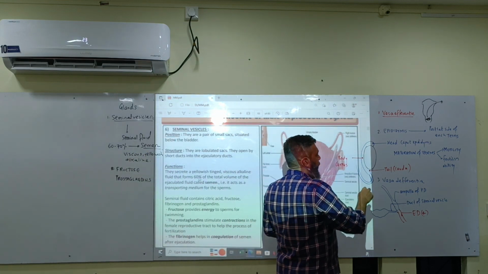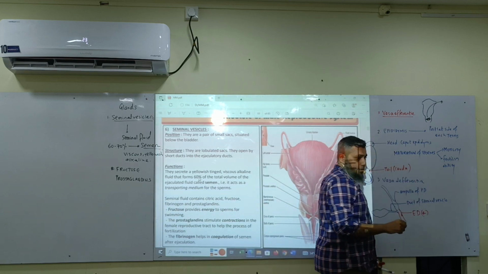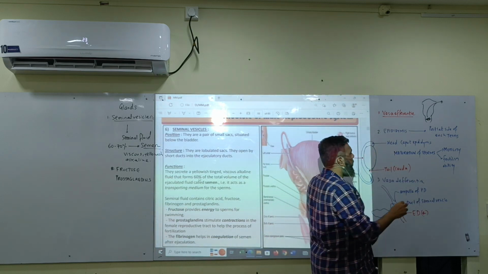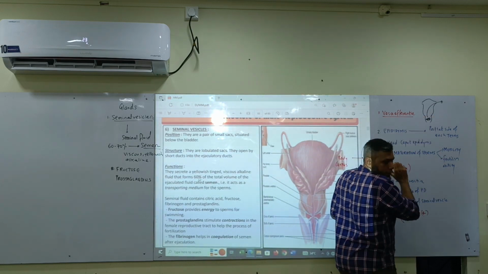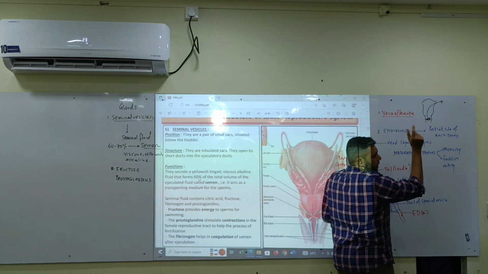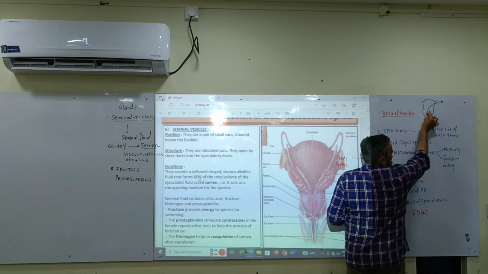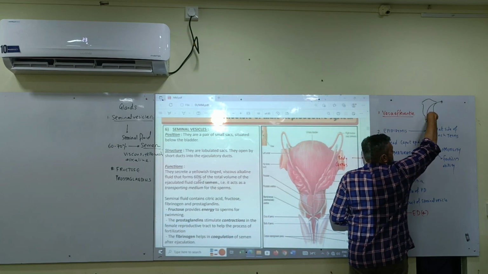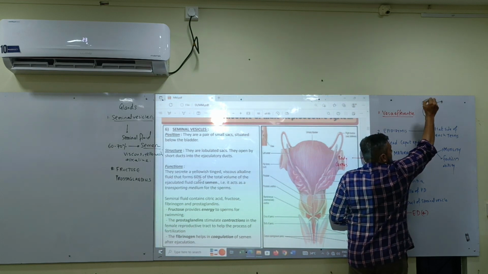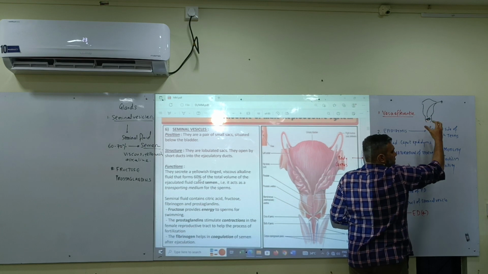ये सेमाइनल फ्लूइड में जो प्रोस्टाग्लैंडिन्स हैं वो यूट्रस के वॉल के ऊपर एक्ट करेंगे. So now imagine like a fountain pen, the uterus will show mild contraction, as a result of which the sperms will be pulled inside.